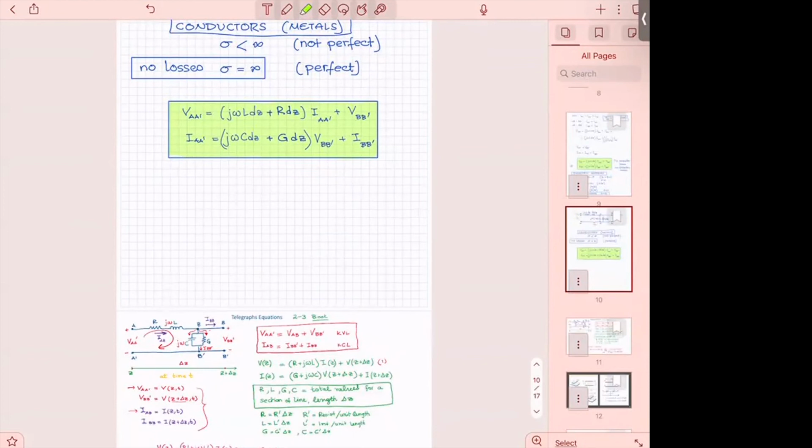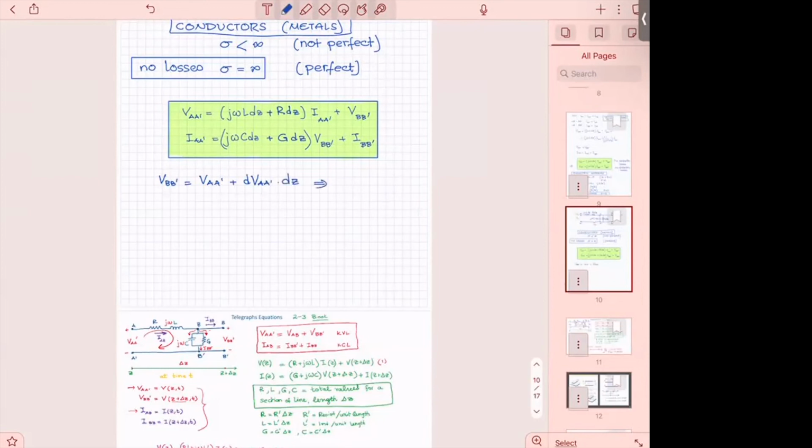Practically, I can do the following things. I can assume that my V at B prime is nothing else but V at A prime plus its derivative times dz. Why is that?